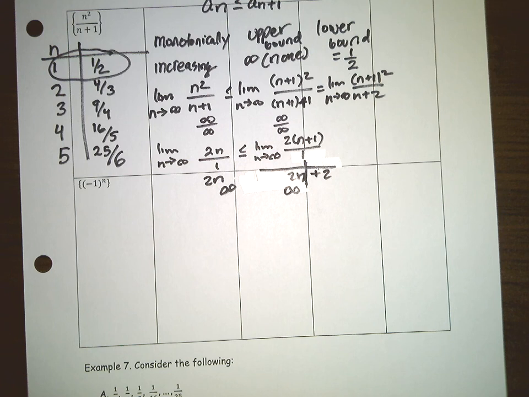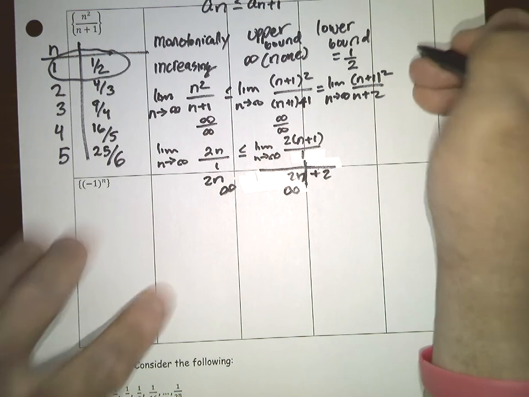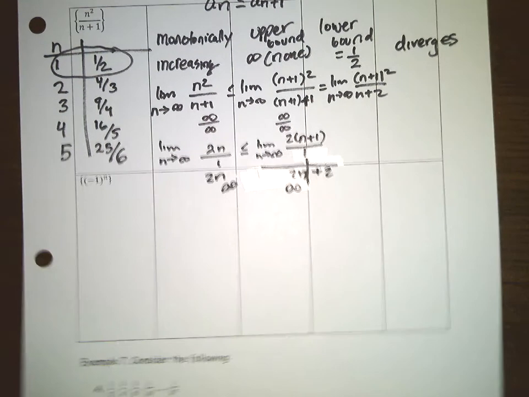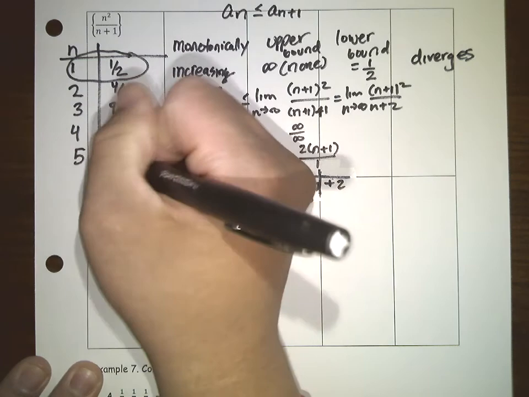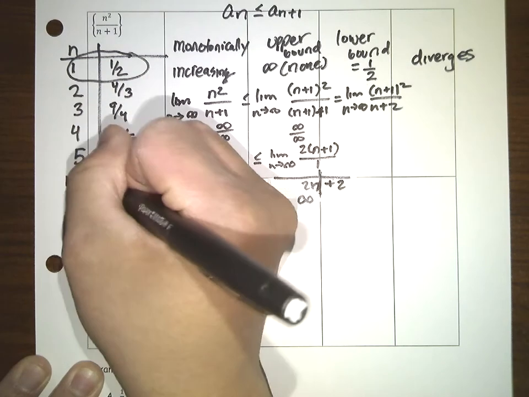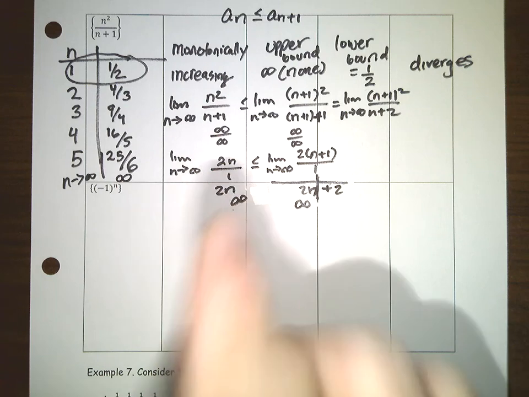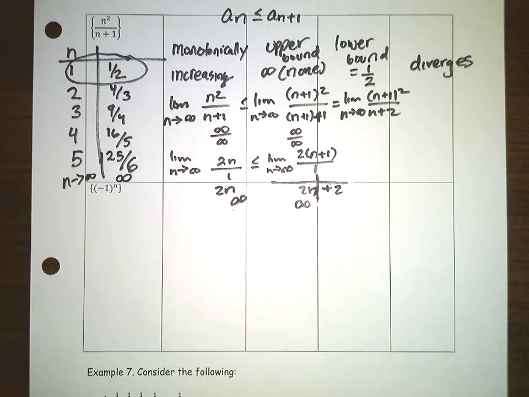Since there is no upper bound here, this diverges. These numbers as n goes to infinity will go to infinity, so it's not going to converge to a finite value. Now, do you have any questions about that, Maxwell?